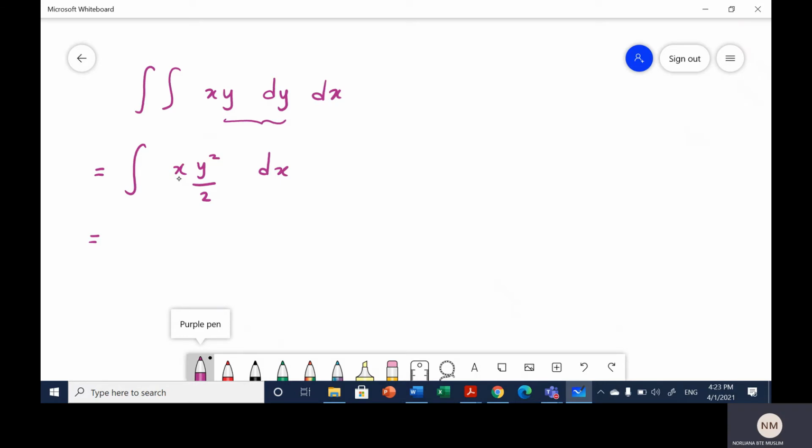To proceed, we integrate x with respect to x, so we have x squared over 2, then we times this one, plus the constant. We can combine the numbers, so the answer for this double integral will be x squared y squared over 4 plus constant.